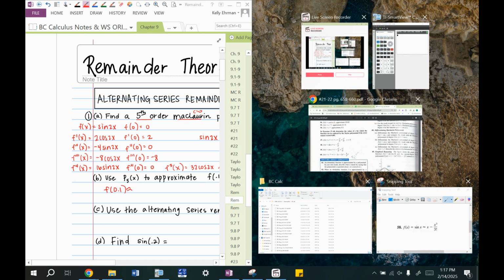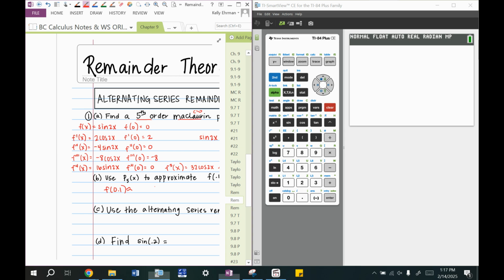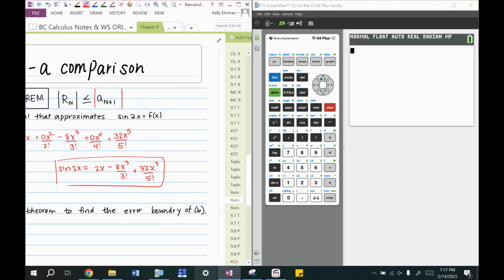So I'm going to plug that into my calculator. So let's see. 2 times 0.1 minus 8 times 0.1 to the third divided by 3 factorial is 6 plus 32 times 0.1 to the fifth divided by 5 factorial, or I know that one is 120.